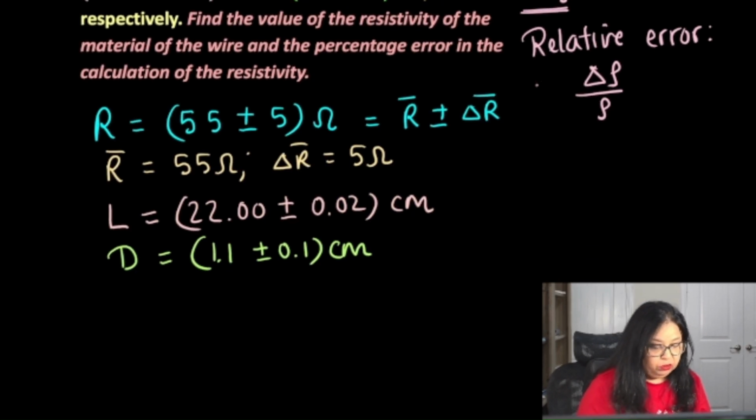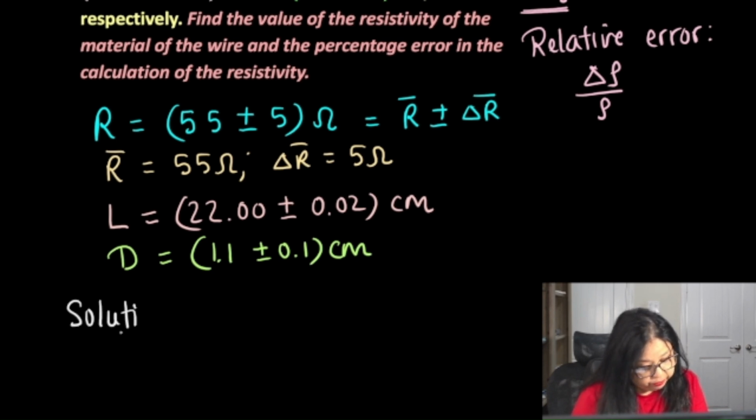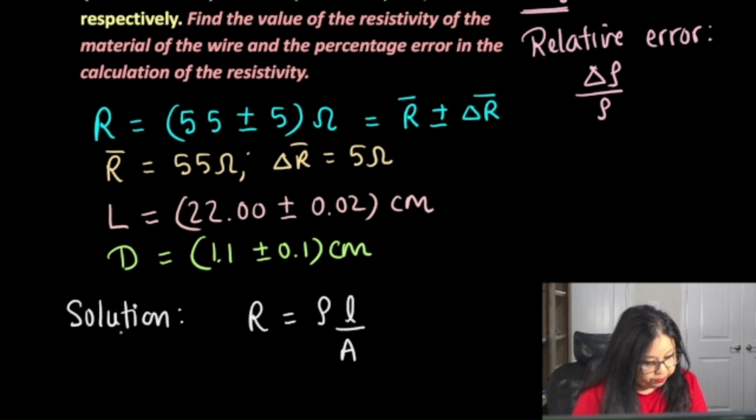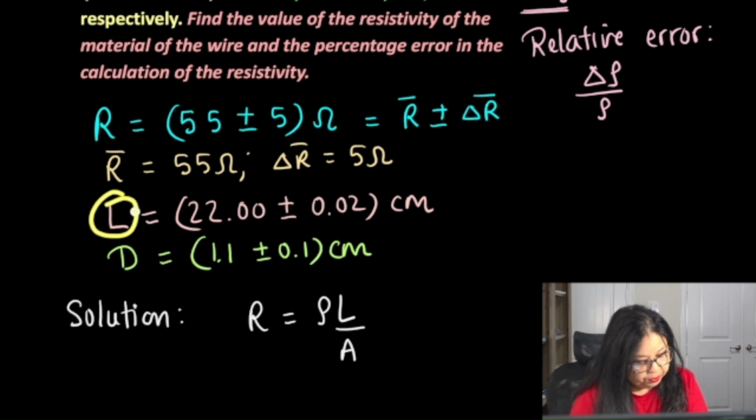Now to solve this problem, the equation that I always begin with is the equation for resistance, R. R equals rho times L over A. Let me write an uppercase L here because that's what I wrote up here.